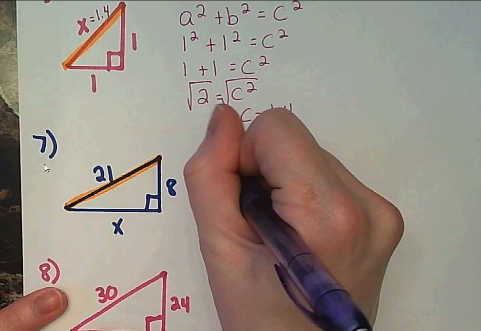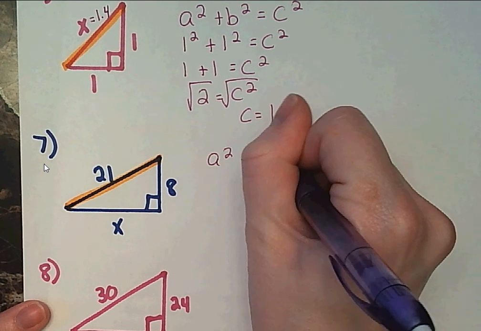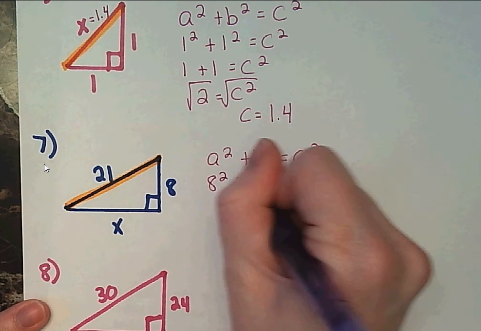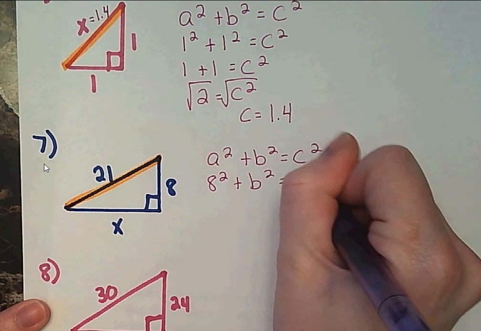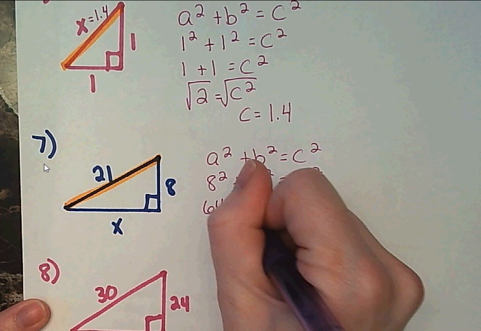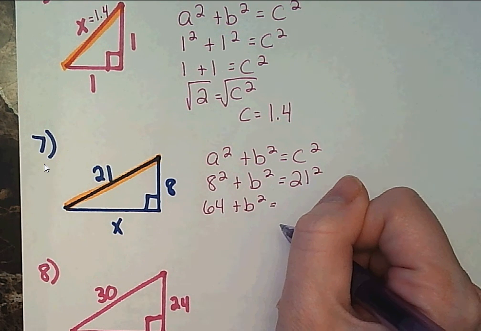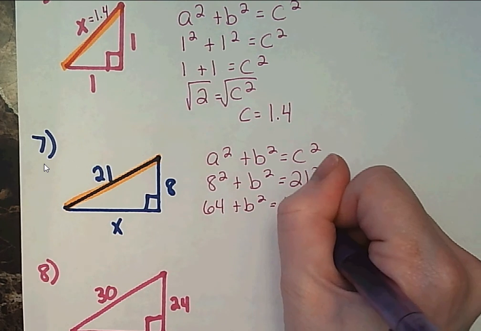So we have a squared plus b squared equals c squared. So we have 8 squared plus b squared equals 21 squared. 64 plus b squared equals 441.